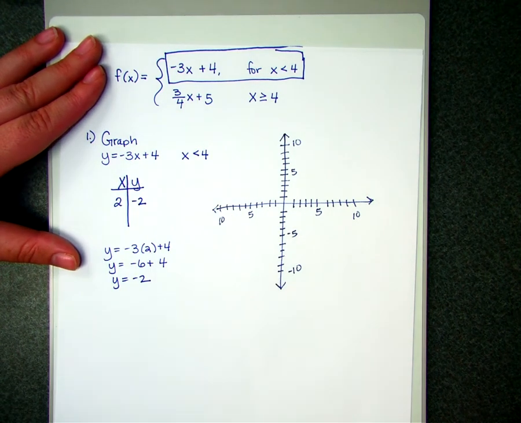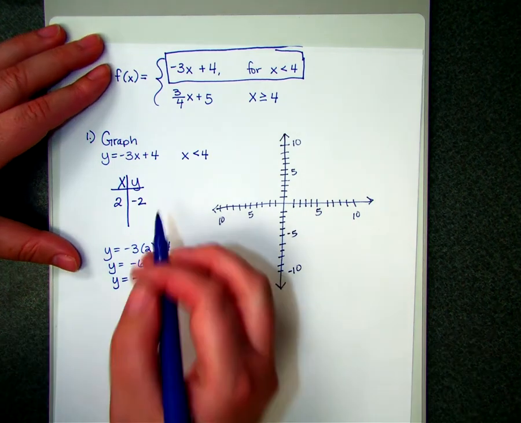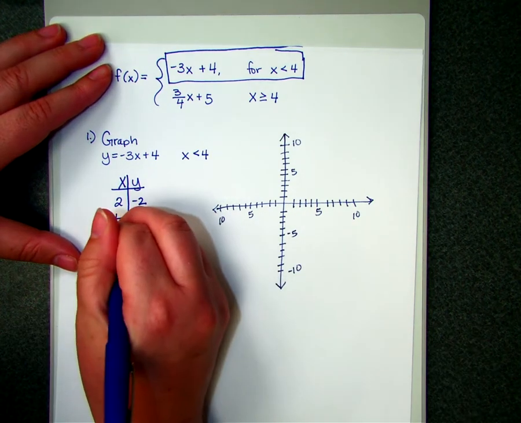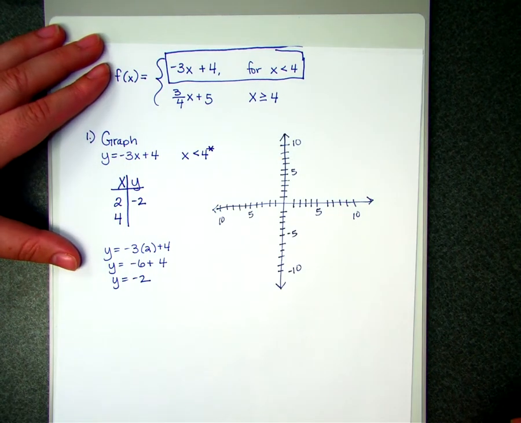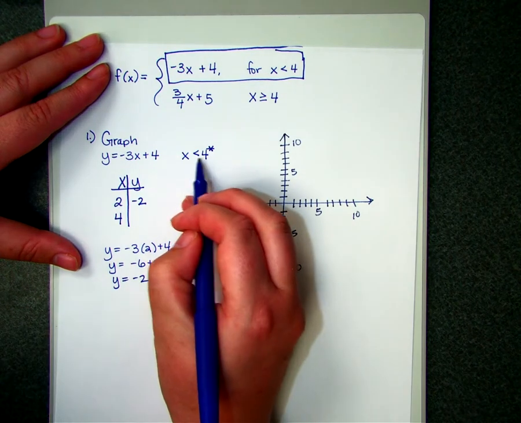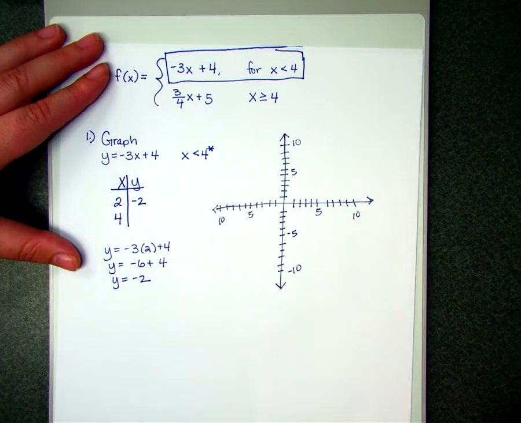We need at least 2 points to create this line for the piece of the piecewise function. So I'm going to pick another x value. And this time, the x value that I'm going to choose is this boundary point. So notice that for this piece of my function, x can be less than 4, but it can't actually be equal to 4.